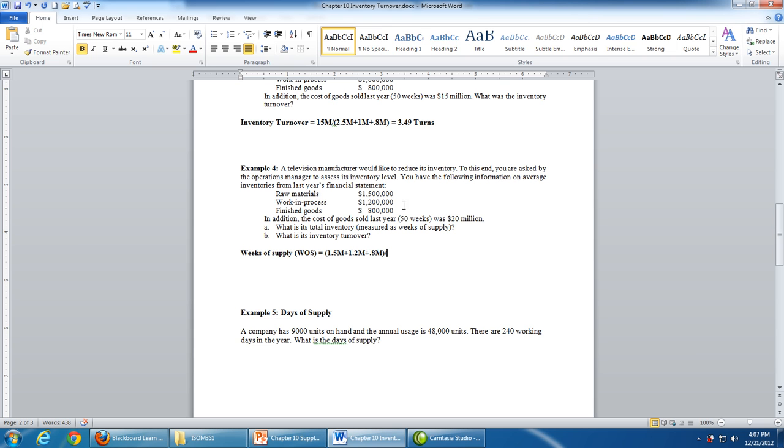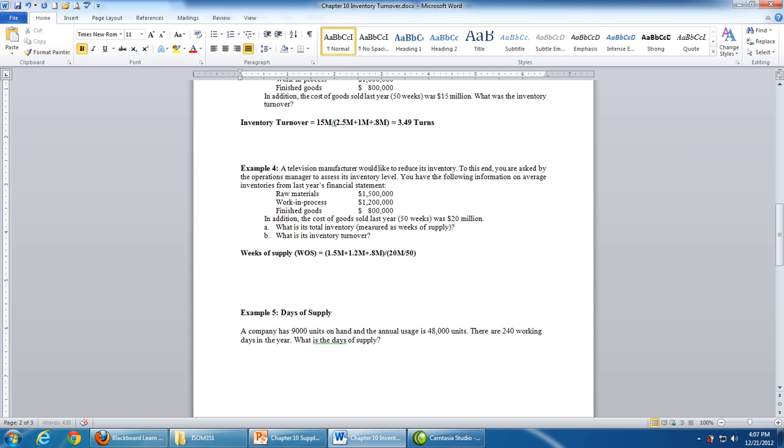If the organization sells 20 million per year and runs 50 weeks, average per week will be 20 million divided by 50.